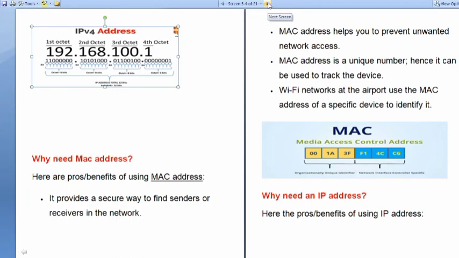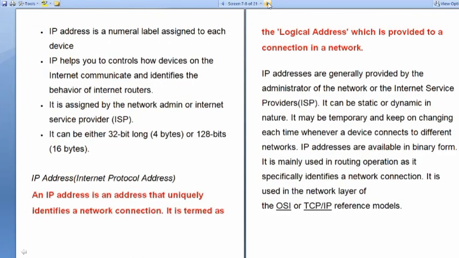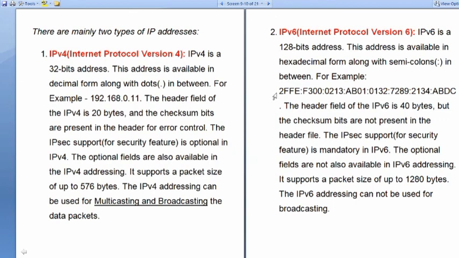In IP address you have two forms, IPv4 and IPv6. IPv4 addresses are differentiated by dots or decimals, whereas IPv6 uses colons for separation. IPv4 has four groups of 8 bits, and that is why it gets 32-bit addresses, and IPv6 has 8 groups of 16 bits, and that is why it gets 128-bit addresses.